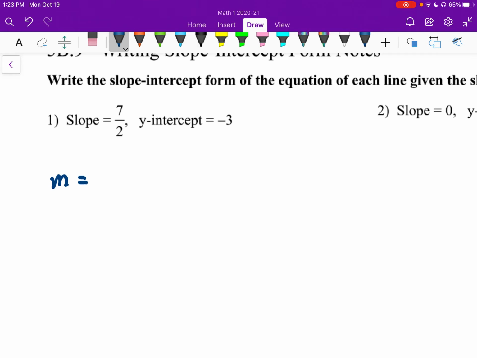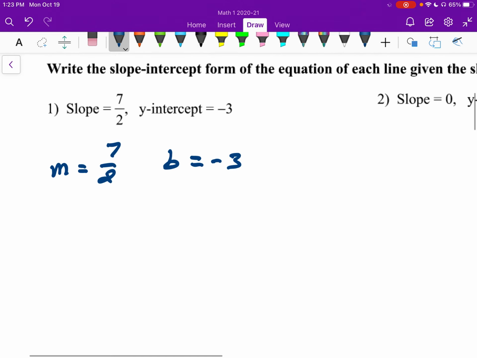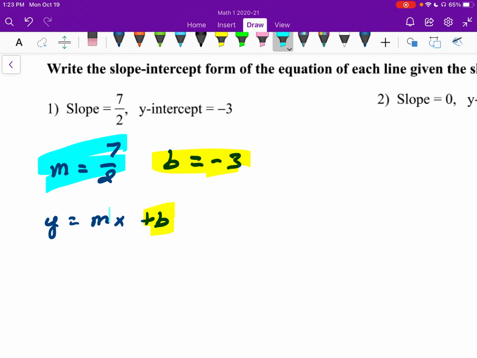M is your slope, which is 7/2. B is -3. I'm going to repeat our formula here just so that we have it. Y equals mx plus b. And now I'm just going to plug in. So this is going to go here, and this is going to go here. So y equals 7/2 x minus 3.